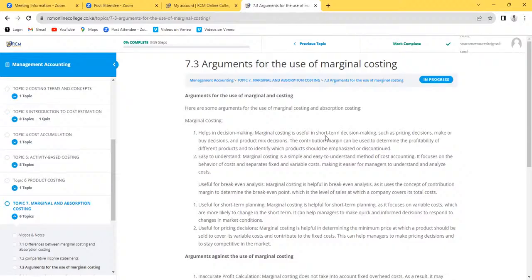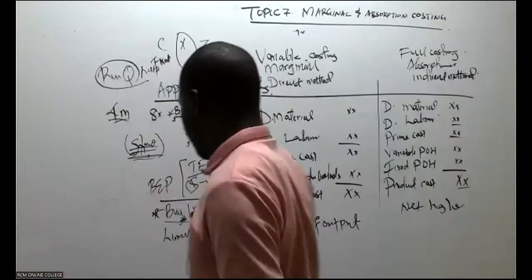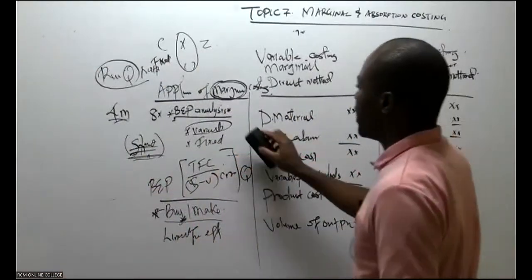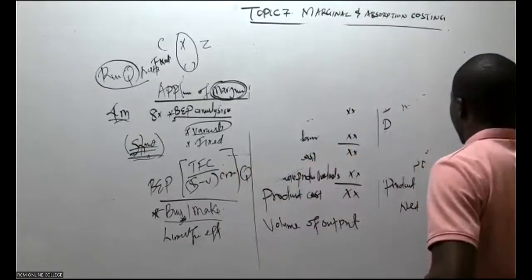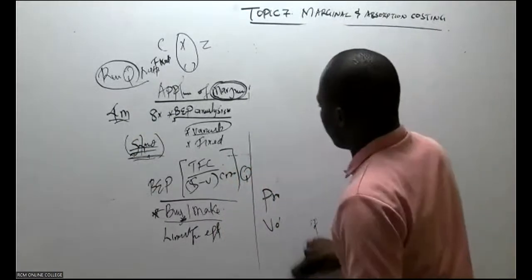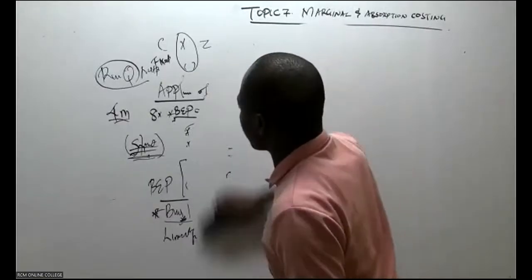That is, marginal costing is useful in short-term decision making, such as price determination. We've clearly seen it here when we were saying the applications. Those applications are now some of the benefits or arguments for.